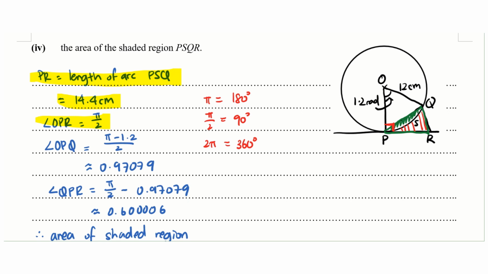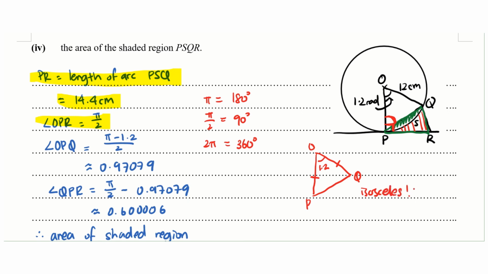For angle OPQ, that will be pi minus 1.2, divided by 2. So how did I get that? In the triangle OPQ, we know that this angle is 1.2 radians, and OP is a radius, OQ is also a radius. So it makes the triangle OPQ an isosceles triangle.